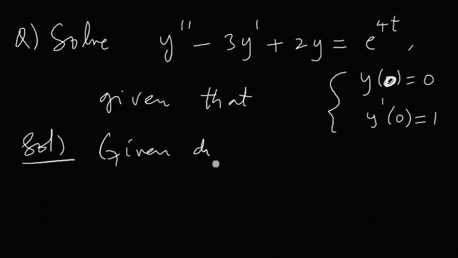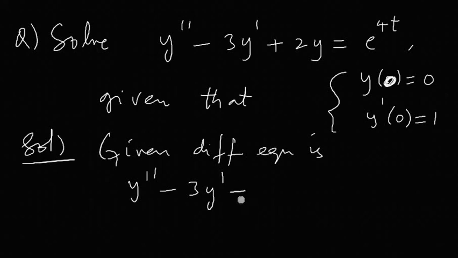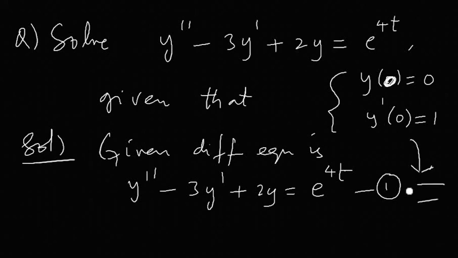Given differential equation is y double dash minus 3y dash plus 2y is equal to e to the power of 4t, that is number 1, along with these two conditions. These two conditions are to be written here. I'm saving time, I'm not writing. So applying Laplace transforms throughout this equation number 1.